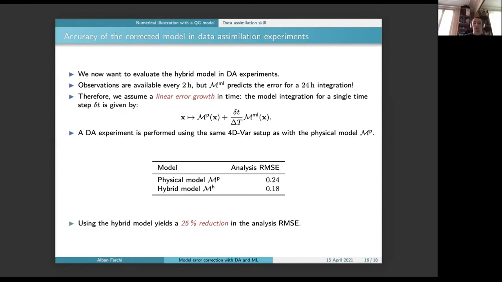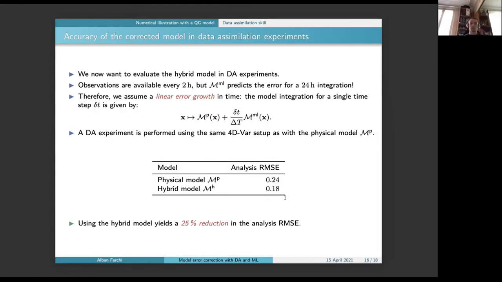You have here the analysis root mean square error when using the physical model as forecast model, the 0.24 value as previously. And you have the analysis root mean square error when using the hybrid model instead of the physical model, which is now 0.18.